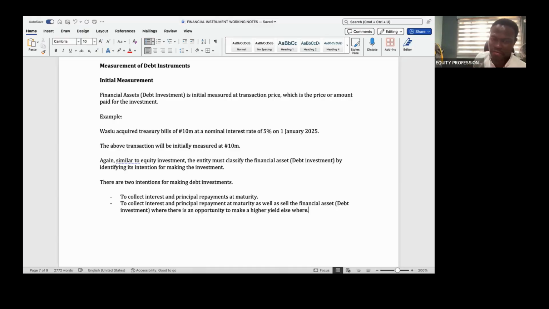Whenever they see that another person has issued a debt instrument and they are going to get a higher rate, they will quickly sell the one they have and go and buy that one. They are just out there to maximize their own profits, right? And look for the best option for them.